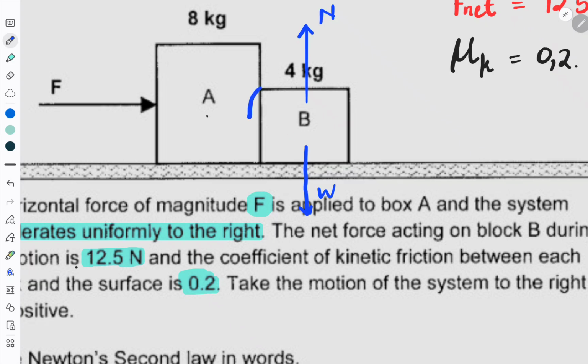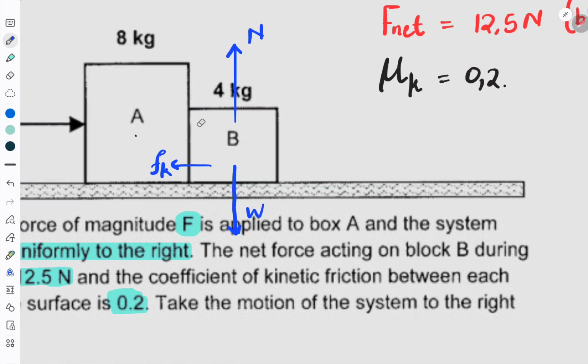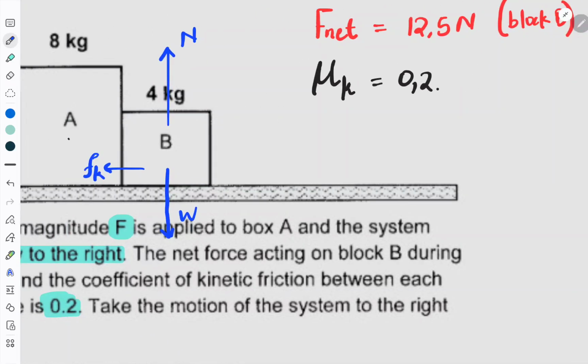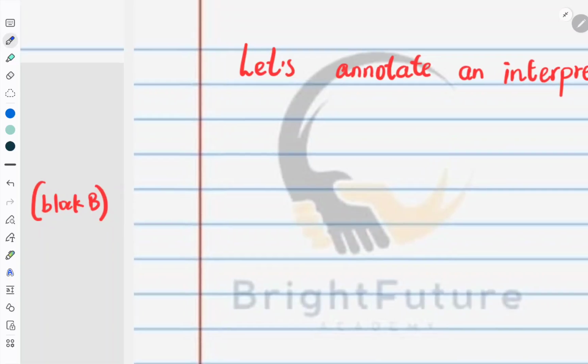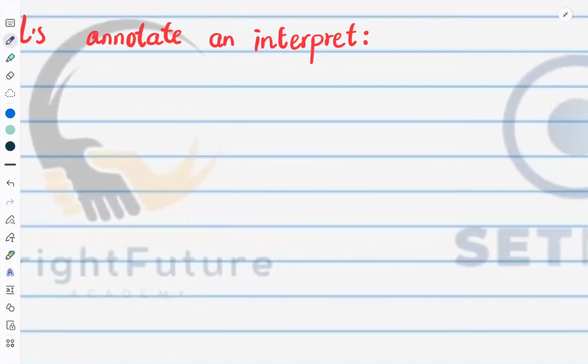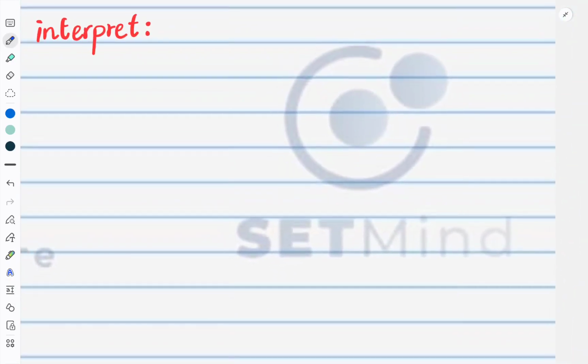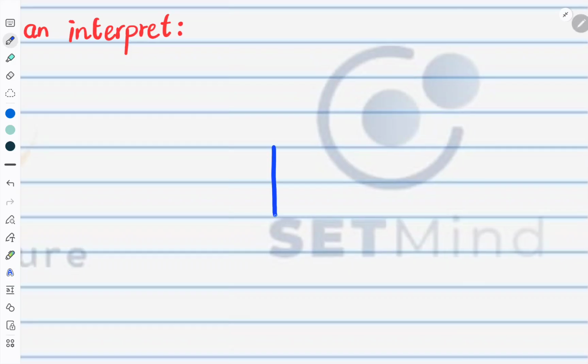But here, you would also get friction, kinetic friction. But here at the interface, what happens is there will be a contact force between A and B. This contact force will be common between these two blocks. So let's sketch it here so that I leave space.